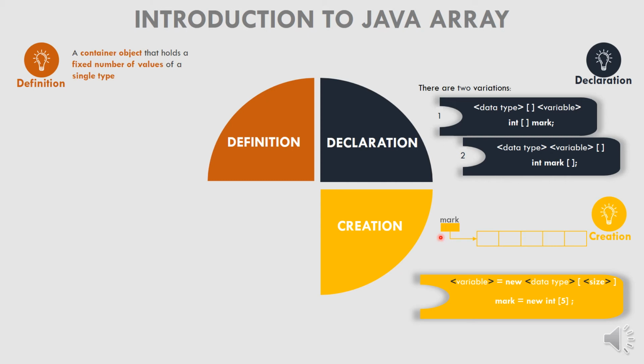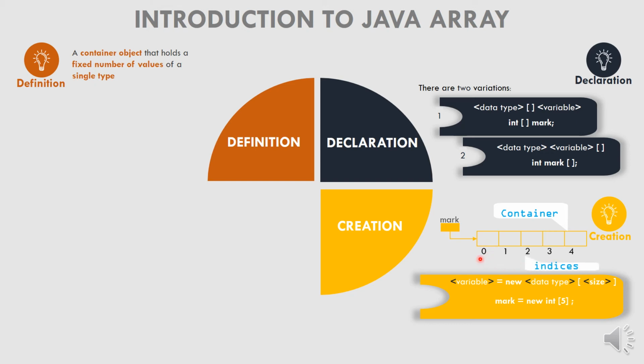Basically, you can imagine that mark points to a container that has 5 compartments. These compartments have their unique identification number or address number that we call indices.